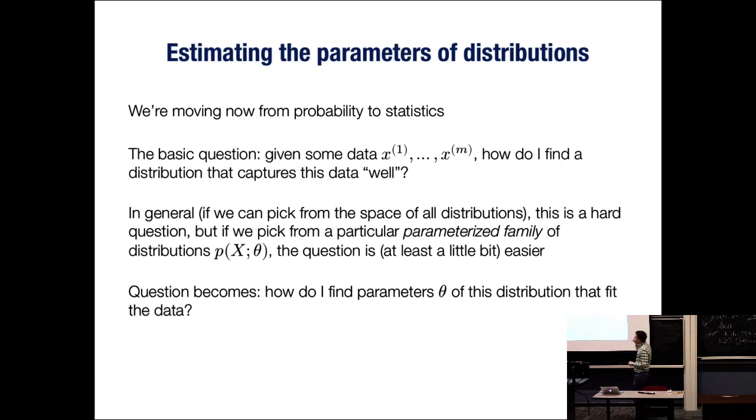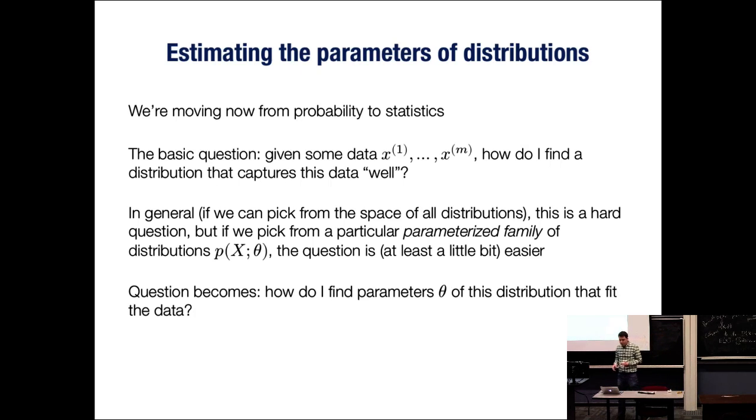Now, of course, the question is, what do I mean by some distribution describing the data well? It's very kind of arbitrary, and it's very hard to do in general. So if I have some data, how do I find a distribution that captures that data? Well, if it's completely arbitrary, the choice of distribution is actually quite difficult to do. If my data is, say, real valued, it actually can be very hard to do.